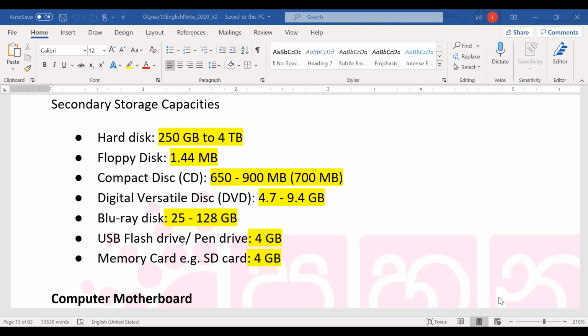Blu-ray disc is not that popular nowadays, but still you can store 25 GB to 128 GB. Then pen drives about 4 GB. You will also have 9 GB, 16 GB, and so on. And even the memory card, SD card, also we have 6 gigabytes. So these are rough measurements of different storage capacities.